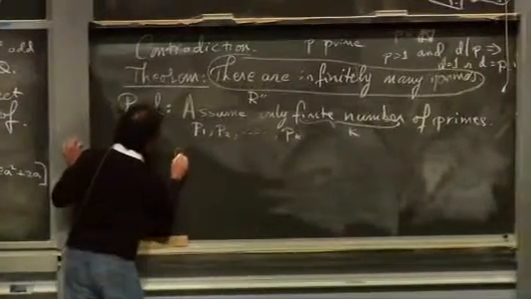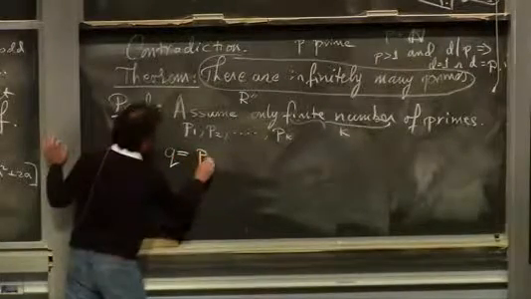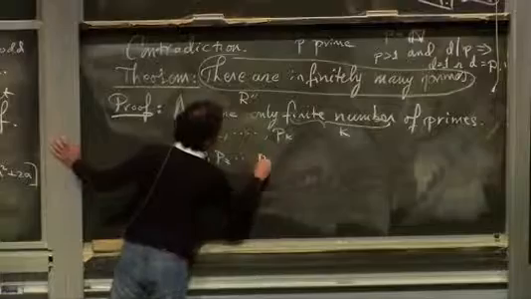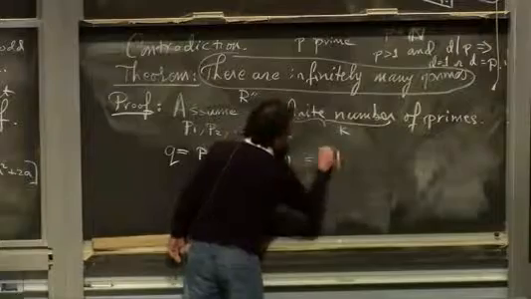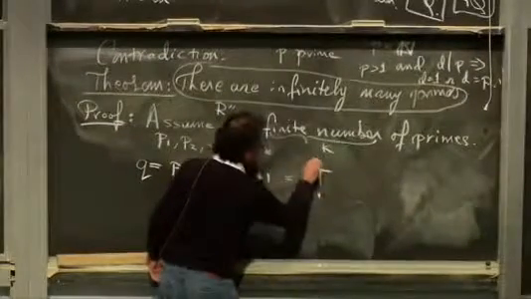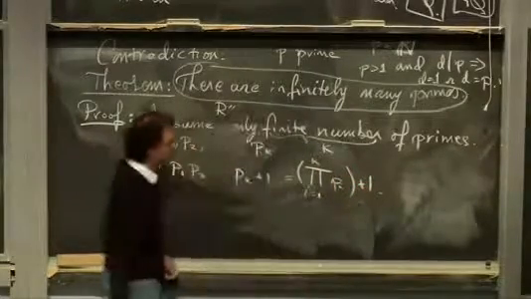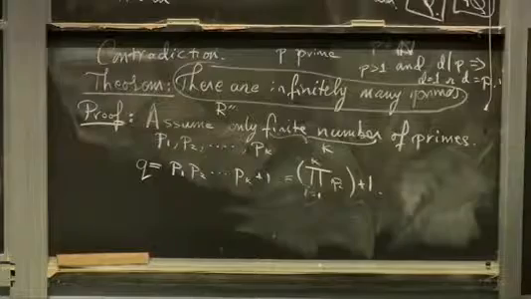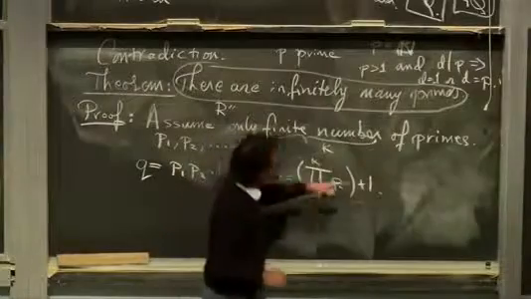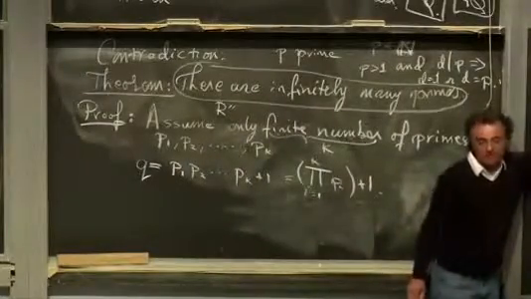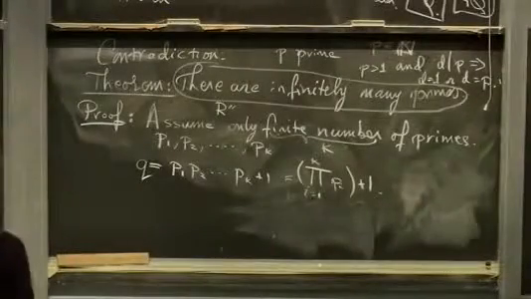So let's look at the number q, which is p1 times p2 times pk plus 1. Right, in notation, this is the product for i equal to 1 to k of p sub i, plus 1. So let's see how the lemma applies to it. It's a number greater than 1. It's got to either be a prime or have a prime divisor.